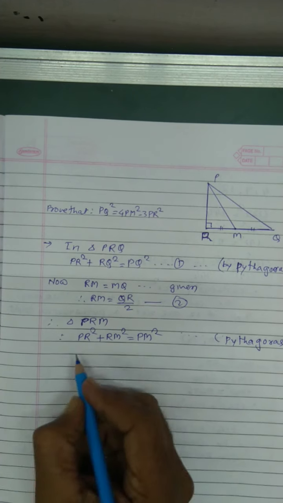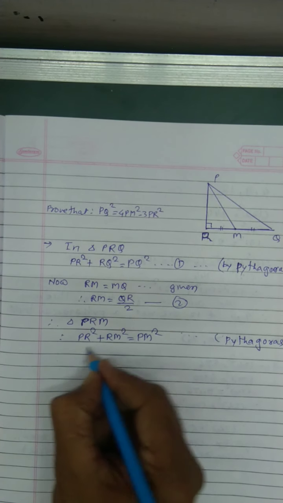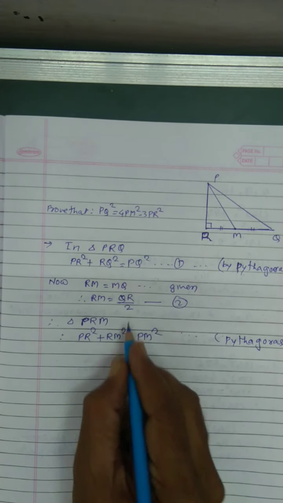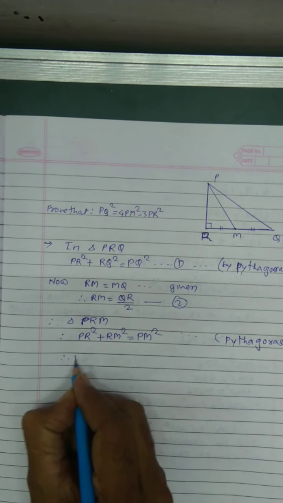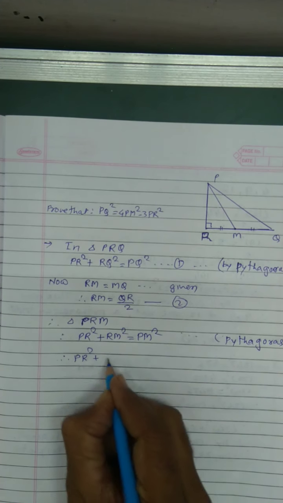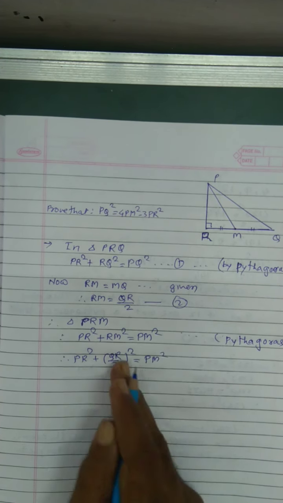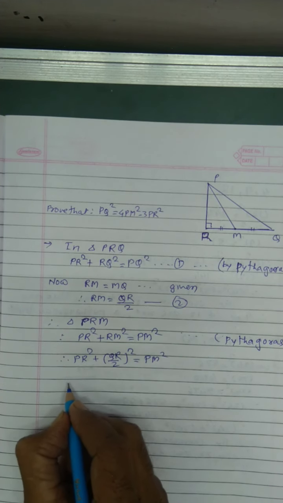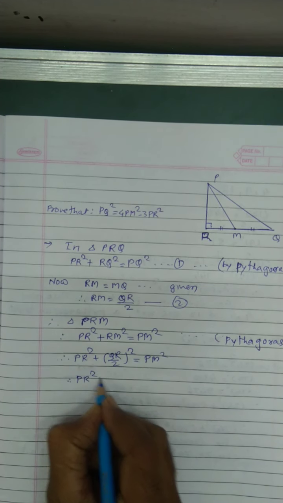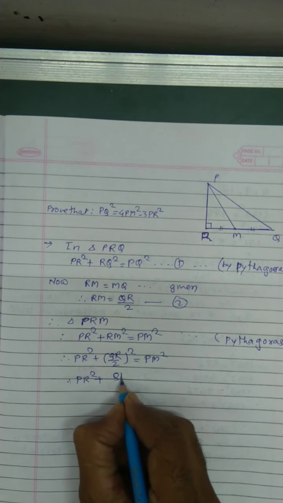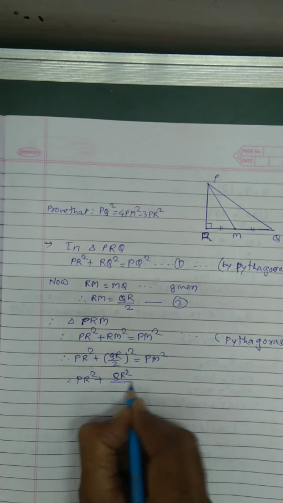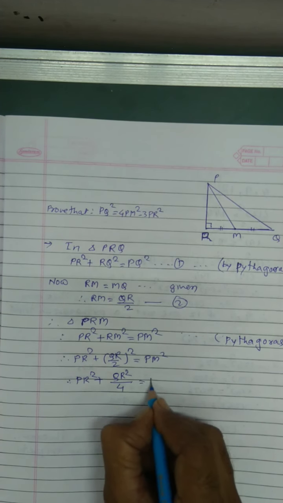And hence we get RM is equal to QR upon 2. Therefore PR square plus QR upon 2 bracket square is equal to PM square. Solve this bracket, we get PR square plus QR square upon 4 is equal to PM square.